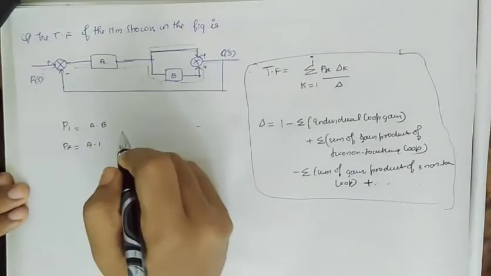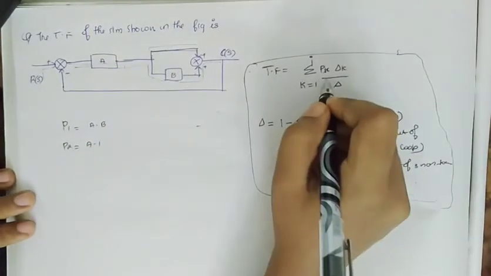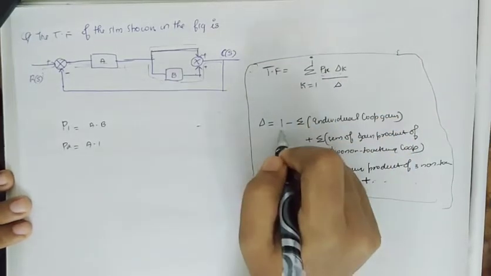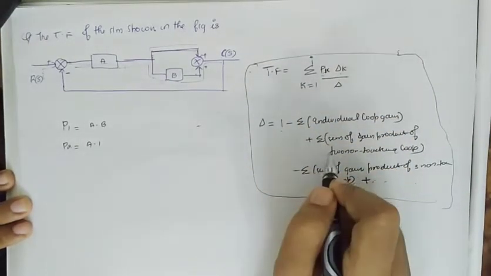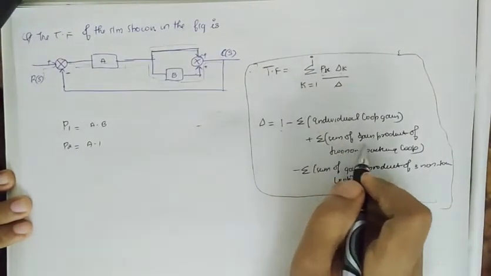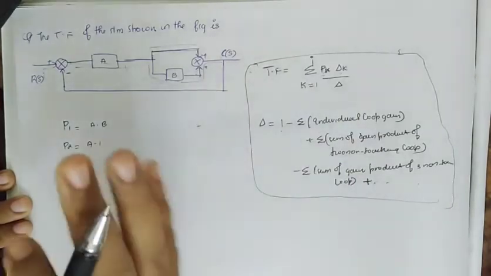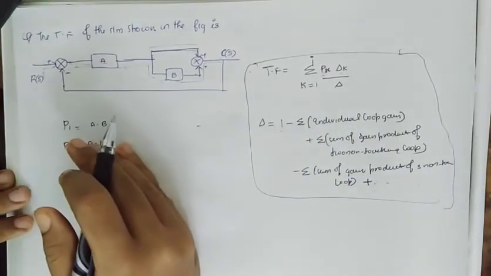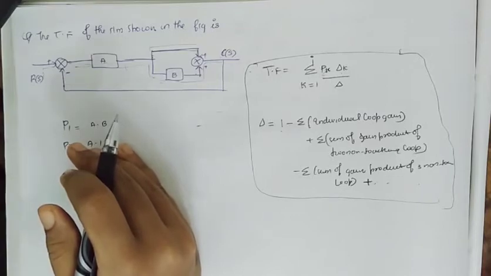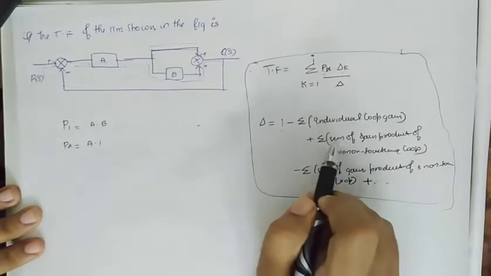Now in the question we are given Pk into delta k, right? So delta k is 1 minus sigma individual loop gain plus sum of gain product of two non-touching loops, and so on. For each forward path we will see if there is any non-touching loop.